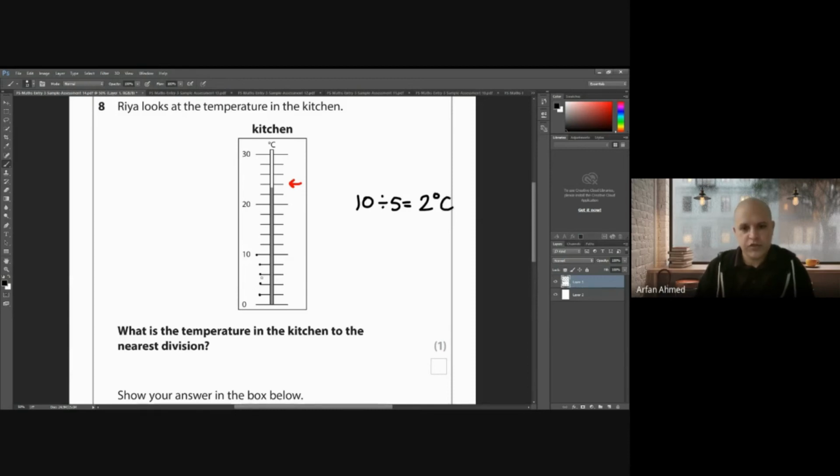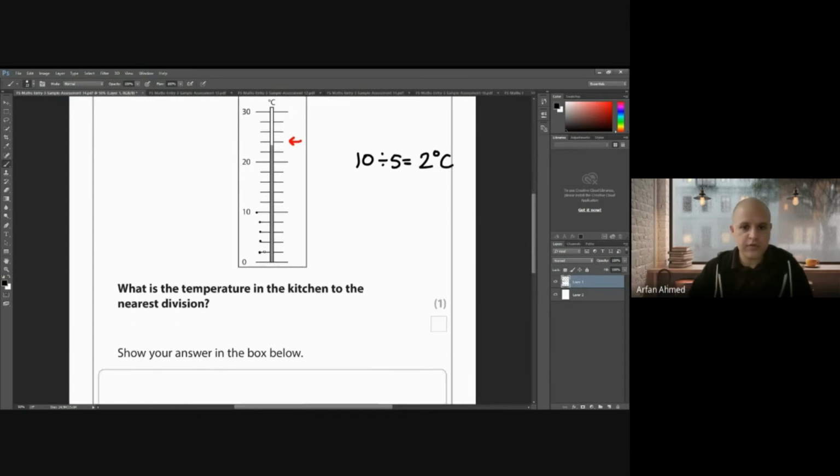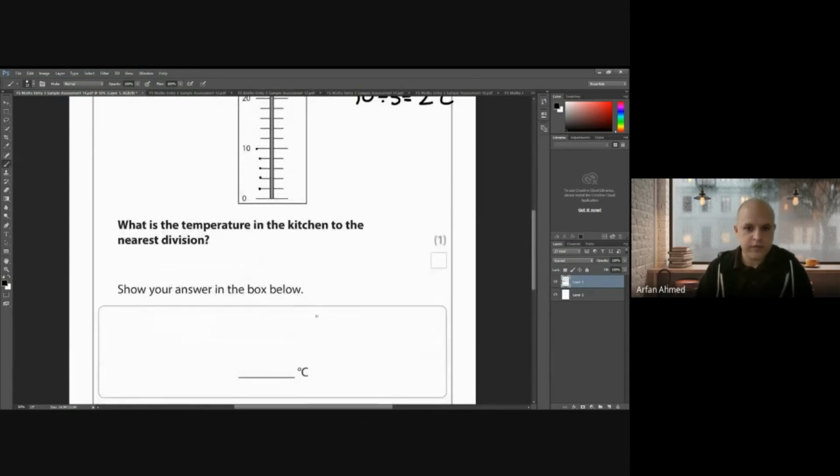That's going to be 2, 4, 6, 8, 10, and it works. Then you get 12, 14, 16, 18, 20. So to the nearest division, that's going to be 22, that's going to be 24. Let's call it 24 for our answer. Just write 24 in here for 1 mark.